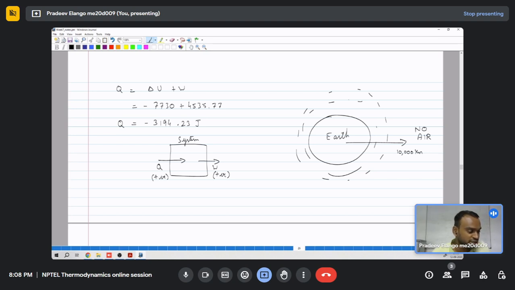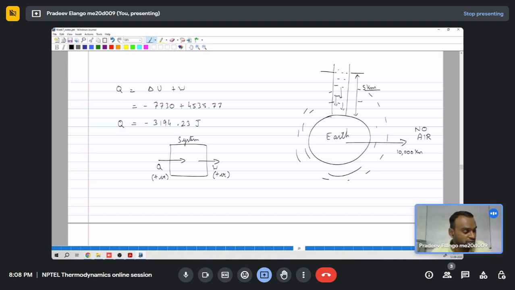So there is only some finite column of air pushing the air below it downward. Maybe say 100 kilometers of air, but that is too much, so say a 5 kilometer air column. Only that much equivalent of air is present.